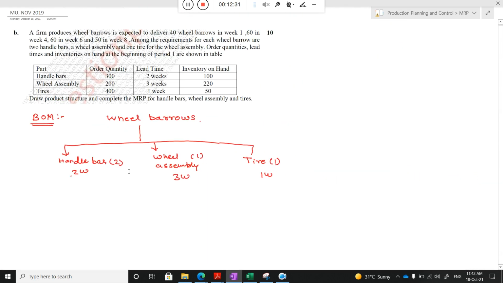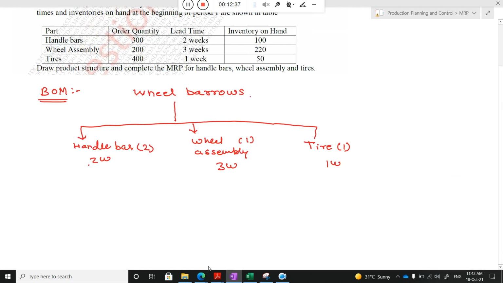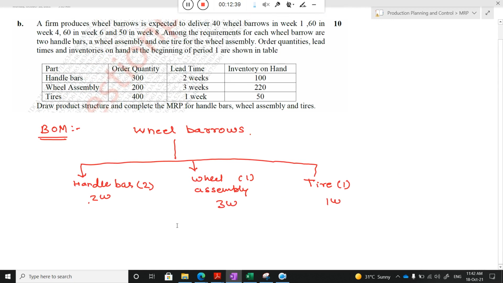Okay, so now I try to draw the... 1 minute. Okay, it is visible now, class? I need to zoom. It is visible now. Yes. Okay. So what is the master production schedule? That I try to draw. The master production schedule actually shows the requirement from your forecasting, or you can say the requirement from your customer side, if I say directly.